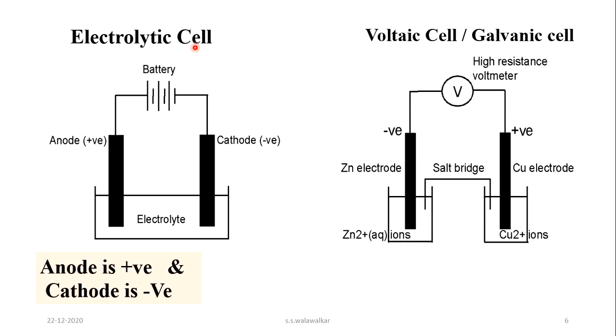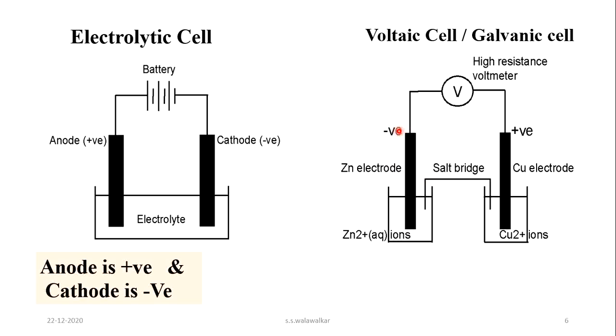But in a galvanic cell, the anode is negatively charged. Here the zinc electrode acts as a negative electrode, as the zinc rod loses zinc ions and 2 electrons, and these electrons remain on the rod, and therefore it becomes negatively charged.